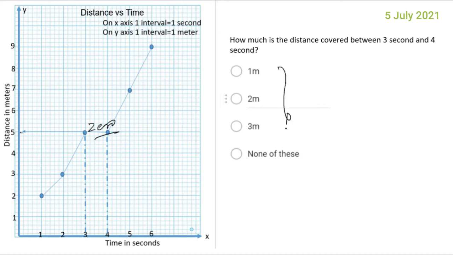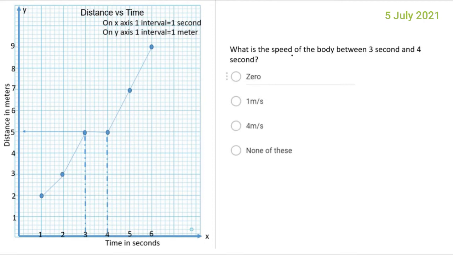But here 0 is not an option. The correct answer is none of these. Now again, what is the speed of the body between 3 second and 4 second? When there is no distance covered between 3 second and 4 second, we can very well tell that the speed will be 0, which means the body is at rest. So this is the correct answer.